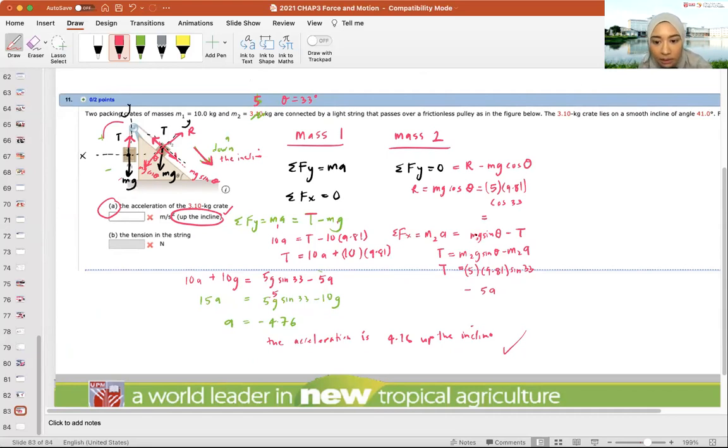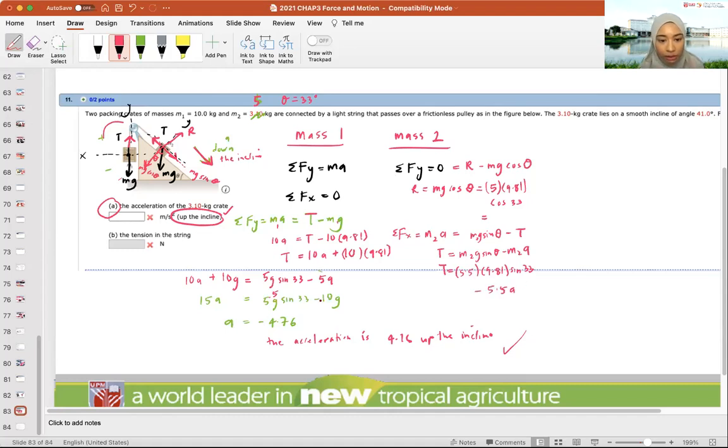Ada lagi yang tersilap. This is 5.5 minus, oh, 5A ni. Okay. Saya tersilap lagi. So this will be 5.5 and 5.5A. Kita kena buat betul-betul sebab saya nak buktikan magnitude dia sama. Kalau tak saya malas ni.